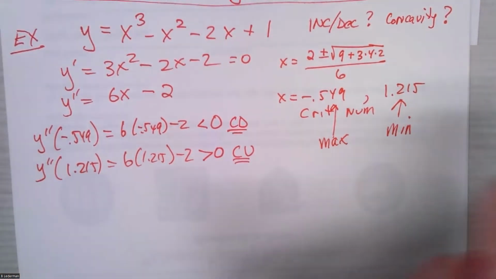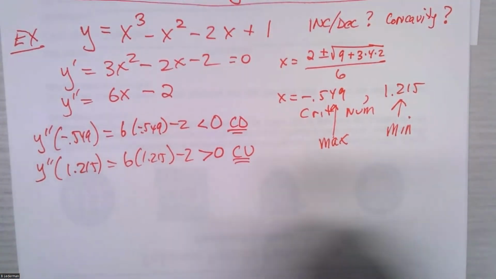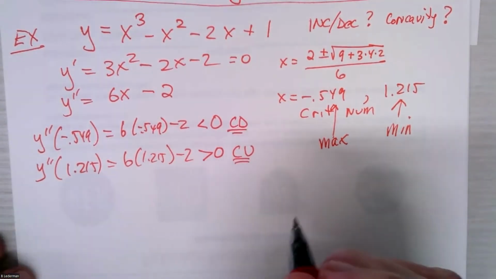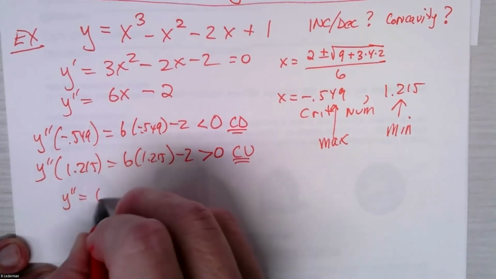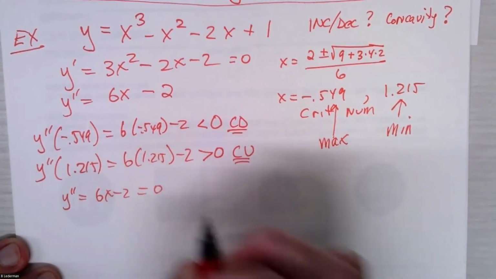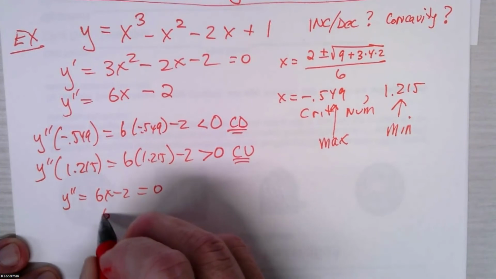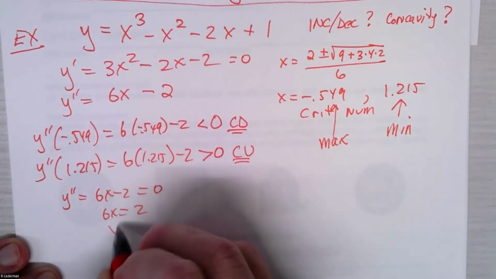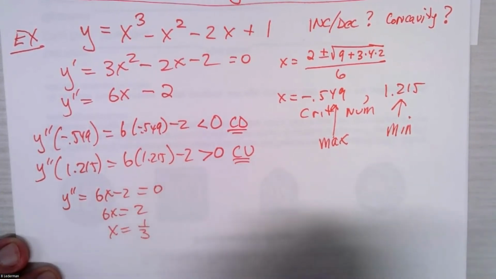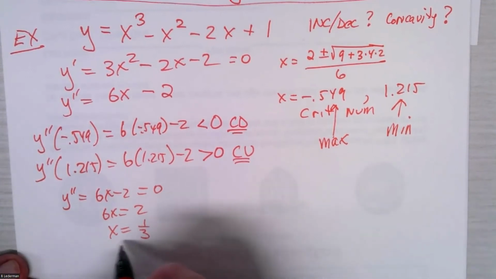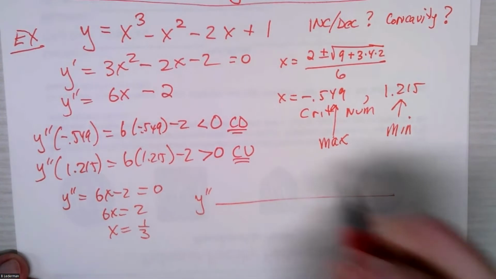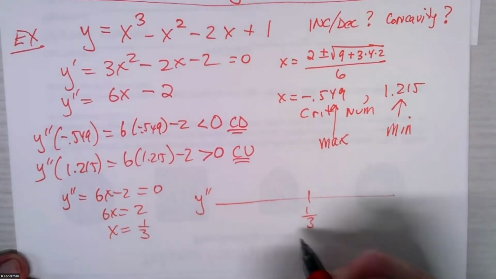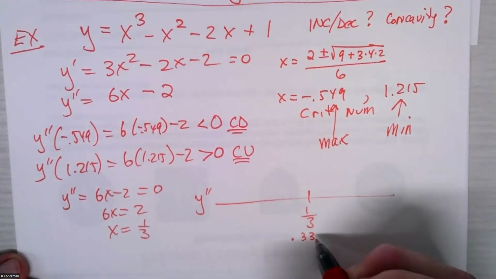Now I want to find where this function is concave up and concave down, and we're going to set y double prime, which is 6x minus 2, equal to 0, and that gives me 6x equals 2, or x equals 1/3. So if I graph y double prime, 1/3 is around 0.333, right?